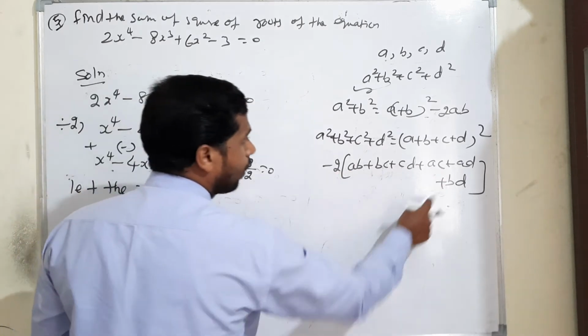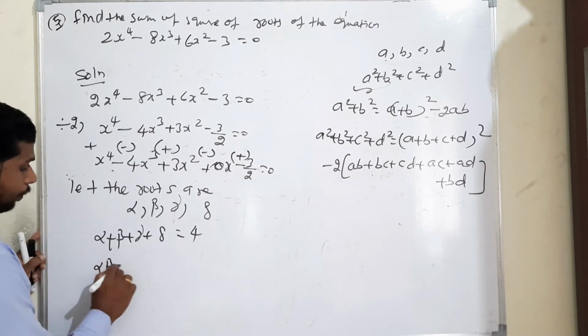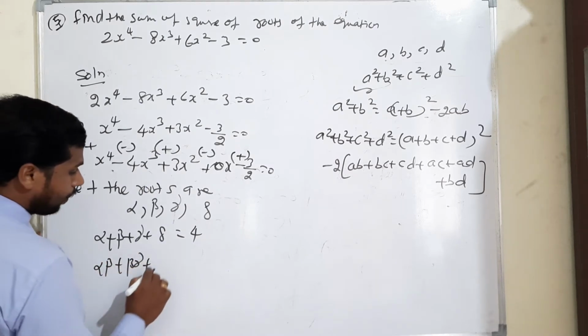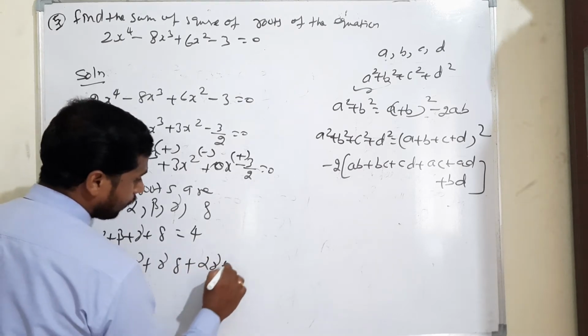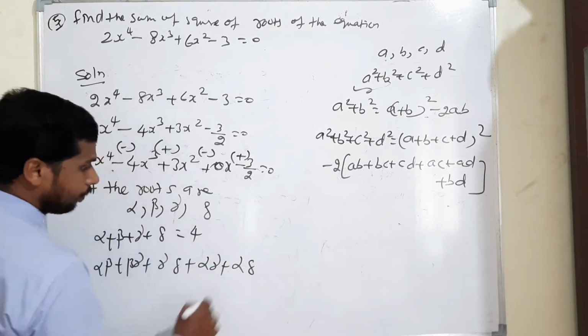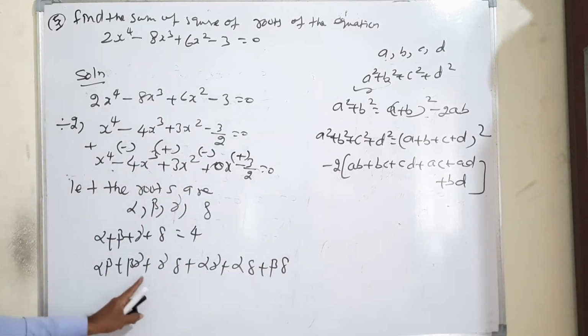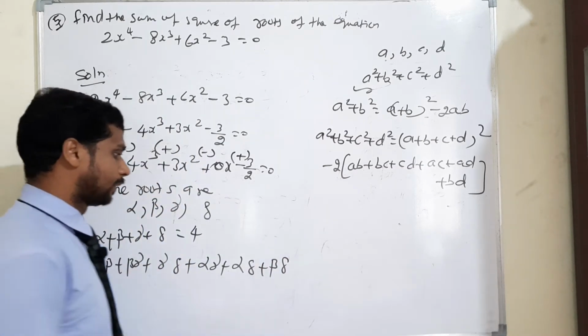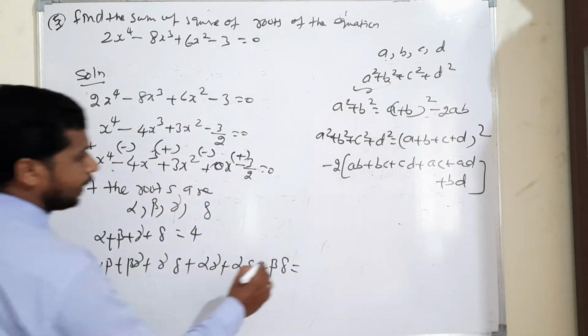Next, the sum of the products of the roots taken two at a time: alpha beta, beta gamma, gamma delta, alpha gamma, alpha delta, beta delta. Okay, 1, 2, 3, 4, 5, 6. Its value is the coefficient of x square, which is 3, isn't it?